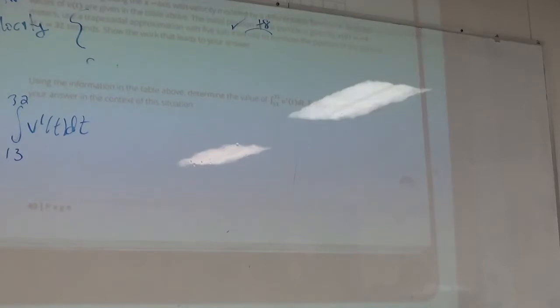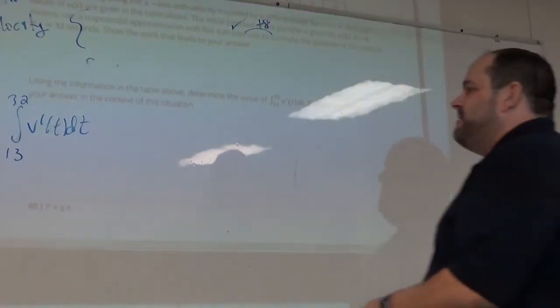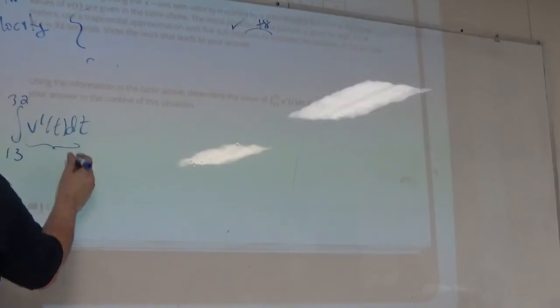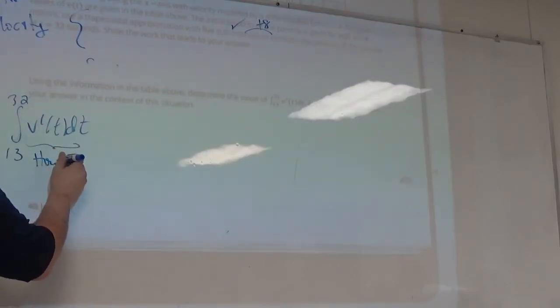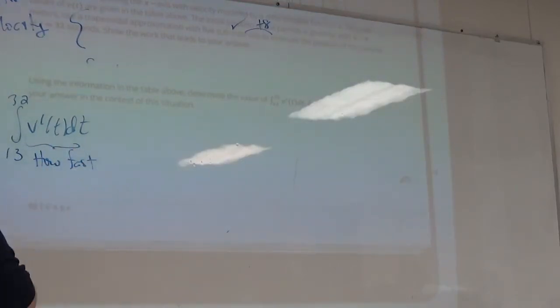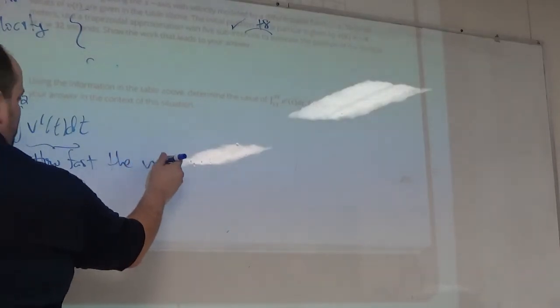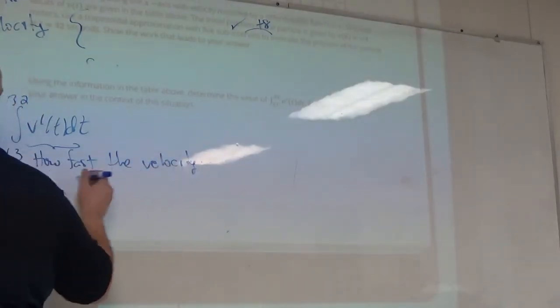What is v? Velocity. Velocity is saying, how fast does your position change? What about v prime? It's acceleration, but what does it measure? If I asked you to explain acceleration, you'd say how fast what? How fast the velocity changes.